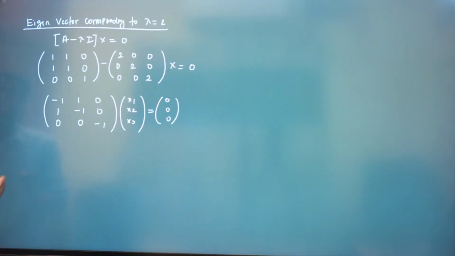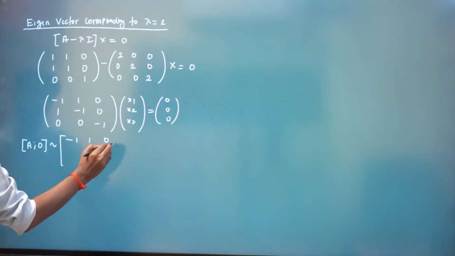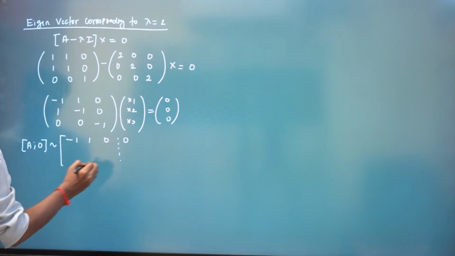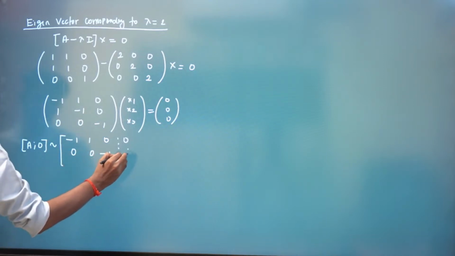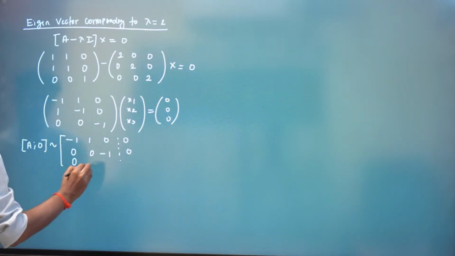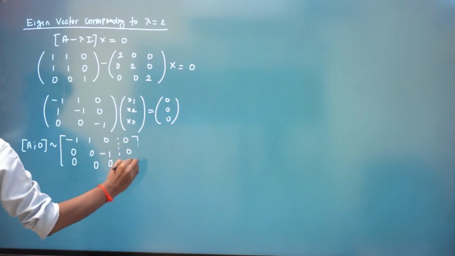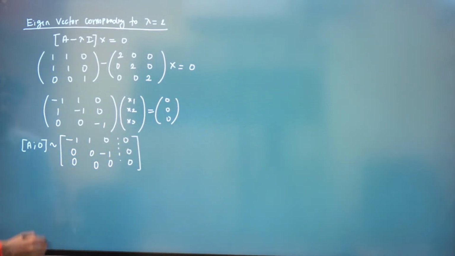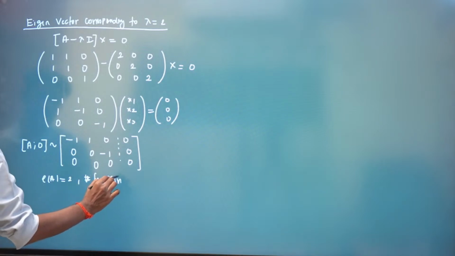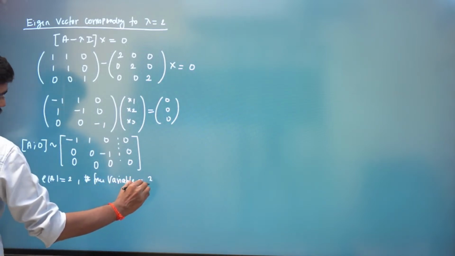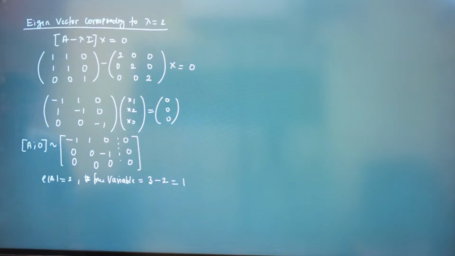Now, when you form an augmented matrix [A | O], this is equivalent to minus 1, 1, 0, 0. Let us shift these rows: 0, 0, minus 1, 0, and then you add these two. You're getting 0, 0, 0. Again, you can see the rank of A is 2. So the number of free variables is n minus rank of A, so we have one free variable.